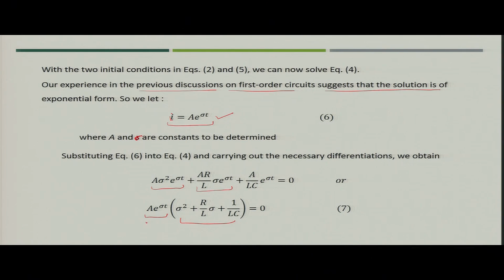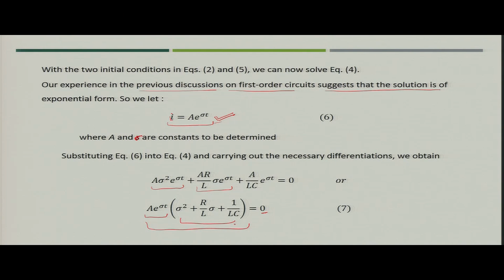Now, in the solution of these types of equations, this factor, that is A e to the power sigma t, cannot be equal to 0, because by our initial assumption A e to the power sigma t is nothing but the value of current I. So, this cannot be 0.